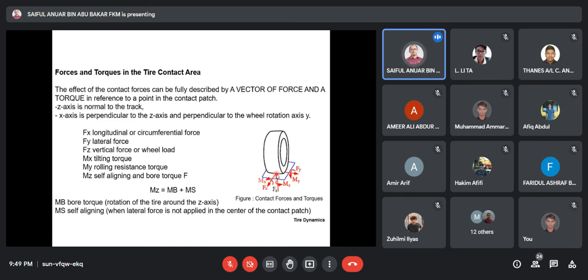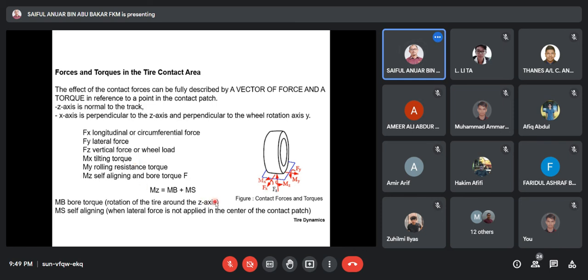The longitudinal or x-axis is always pointing in the forward direction, while the lateral or y-axis is pointing outward, while the vertical z-axis is always pointing upward.